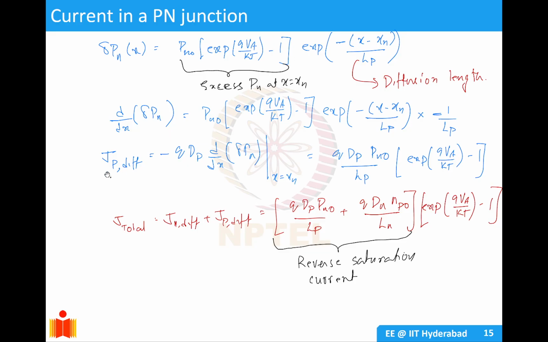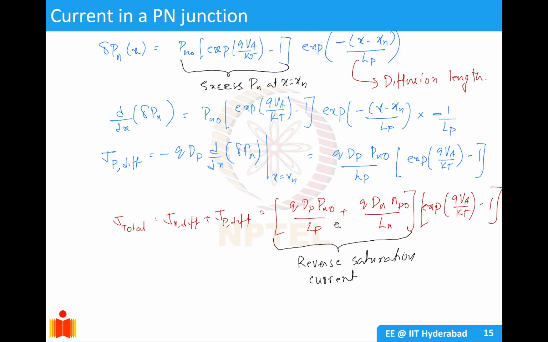Similarly, you can calculate for n type. So your net current, your total diffusion current, will then be q Dp by Lp Pn naught plus q Dn by Ln np naught, times exponential q Va by kT minus 1.